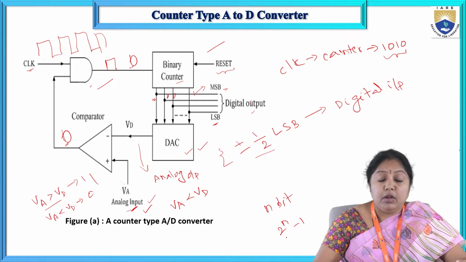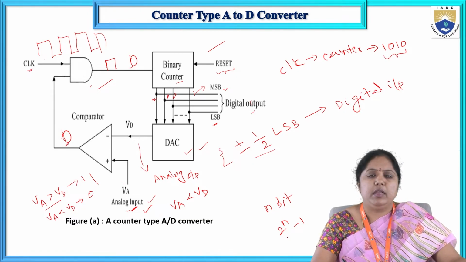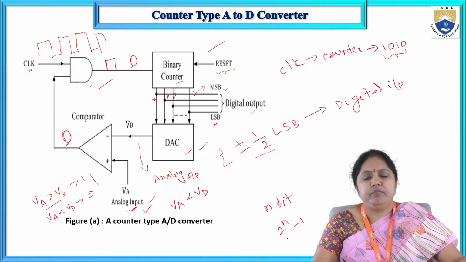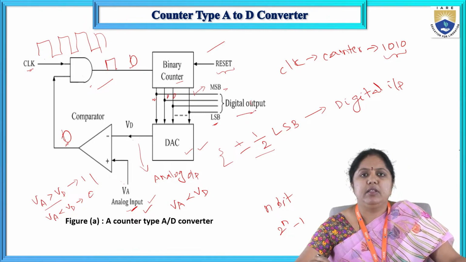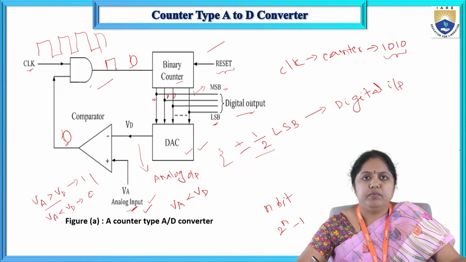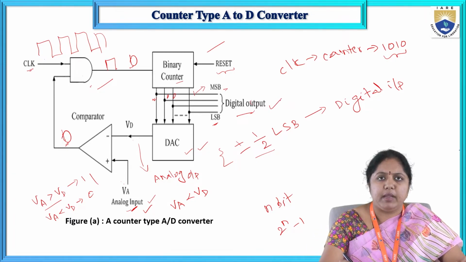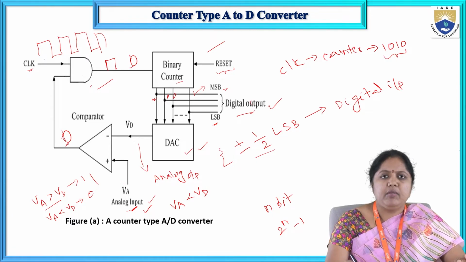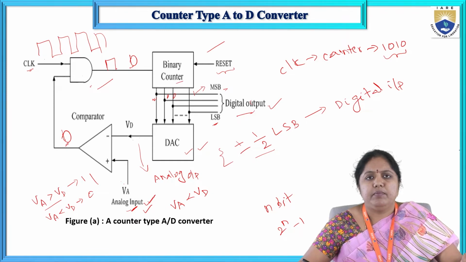After 2 power n minus 1 clock pulses, it will generate the exact digital output value. Whatever digital output value I am getting here is the equivalent digital output value for this analog input signal. That is the meaning of that.